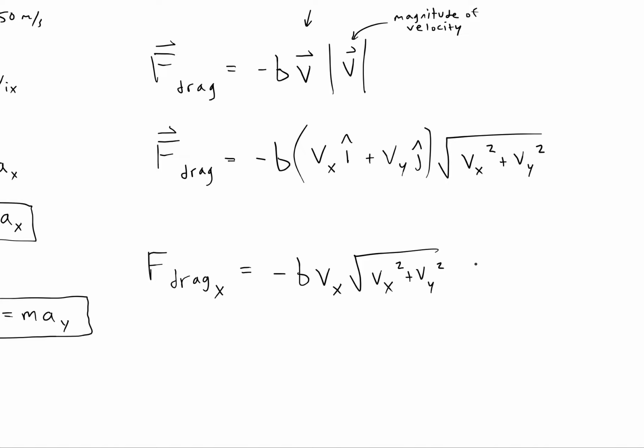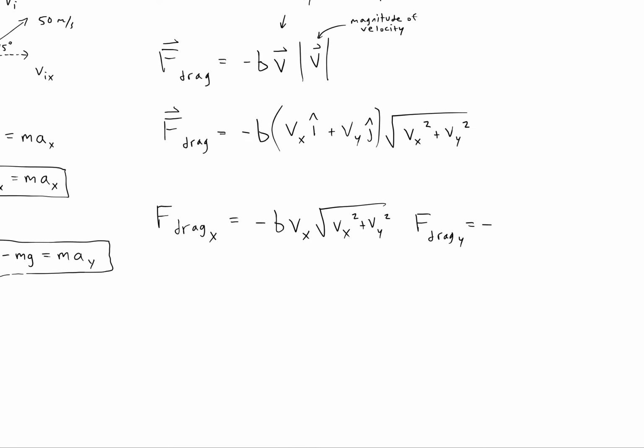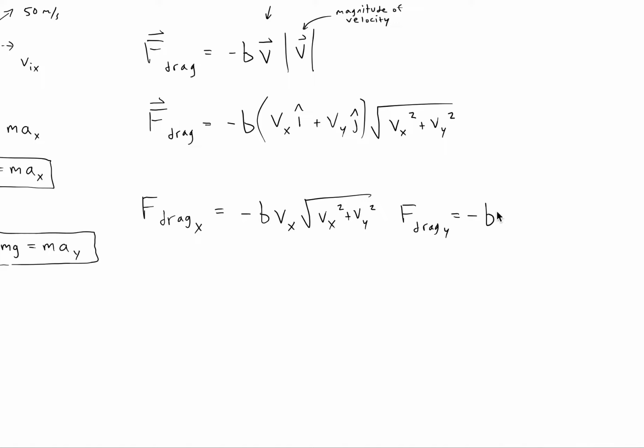And then we could have F drag in the y direction, negative b vy radical vx squared plus vy squared. So I'm just breaking it into two, and then these are the formulas that I'm trying to enter into my spreadsheet.